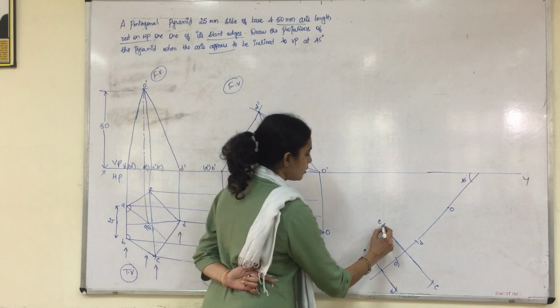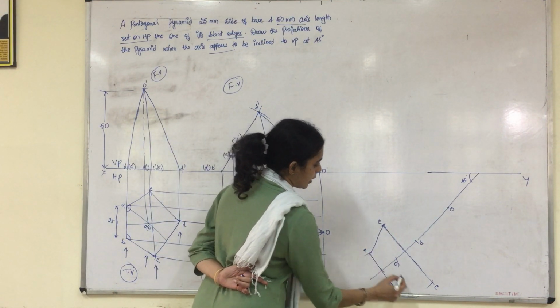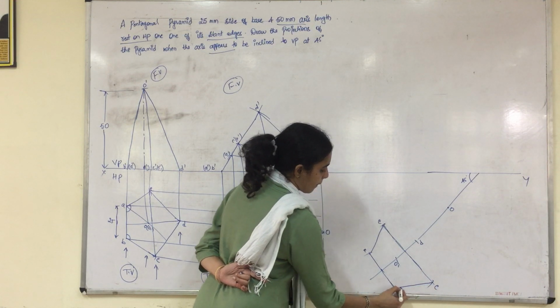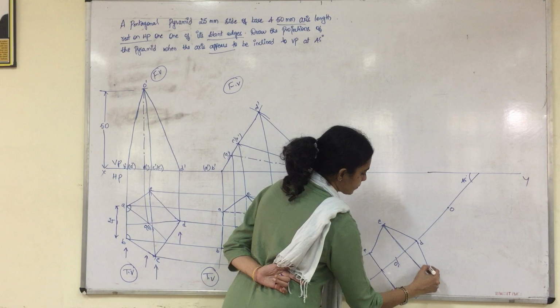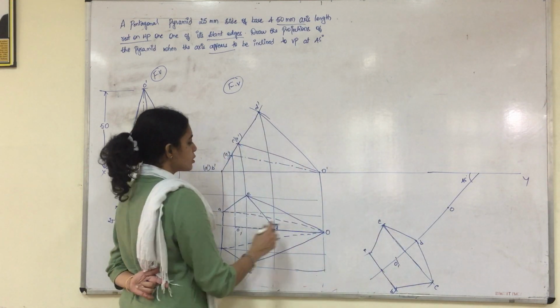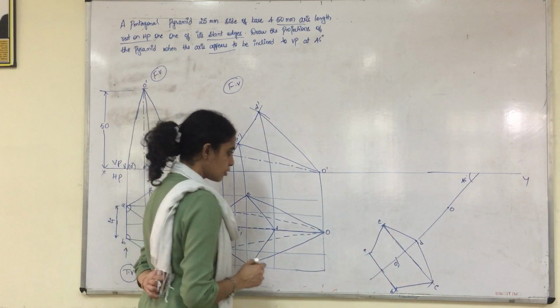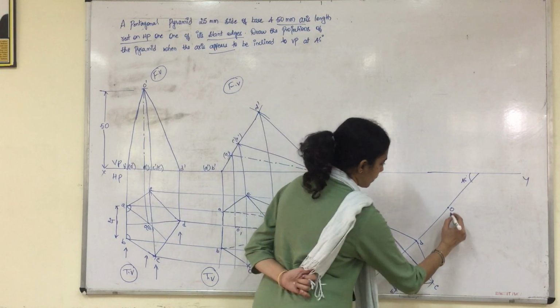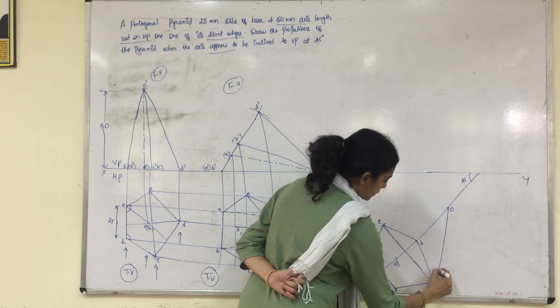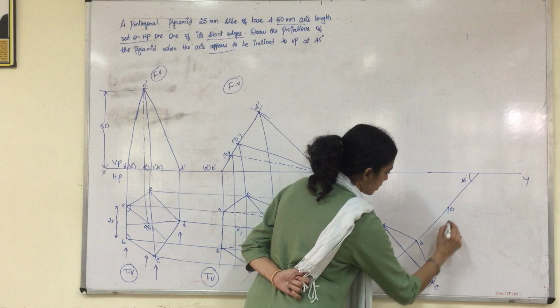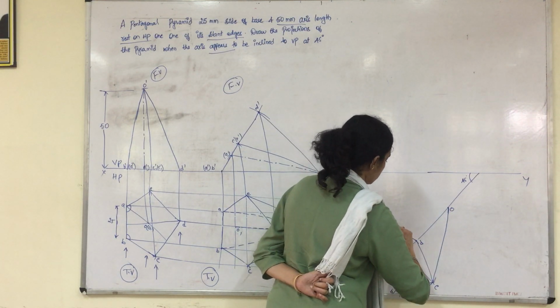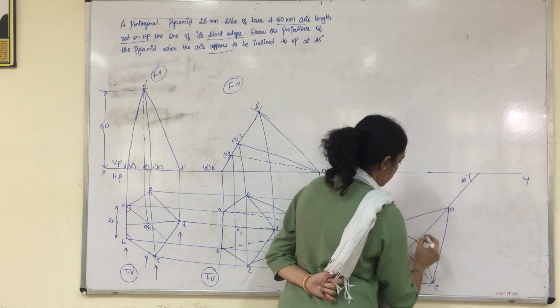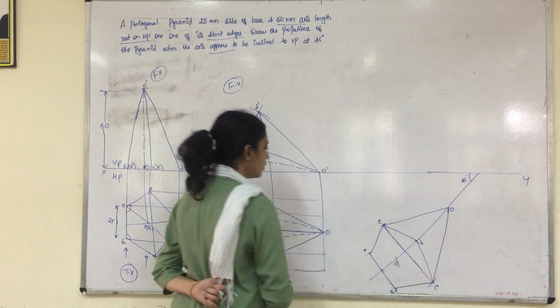So you will join A to E, B to C, E to D and D to C. So we have the apex O also. So now we can join to our apex from O to C, from E to O, right?